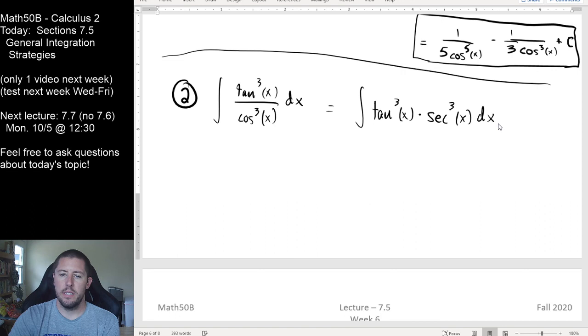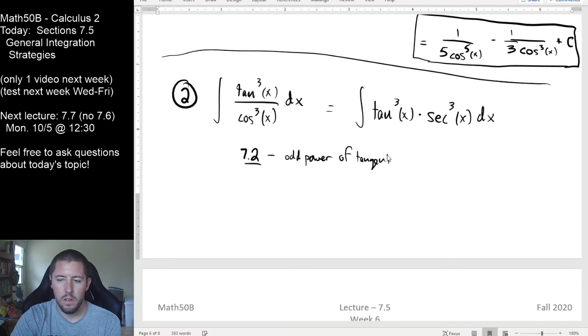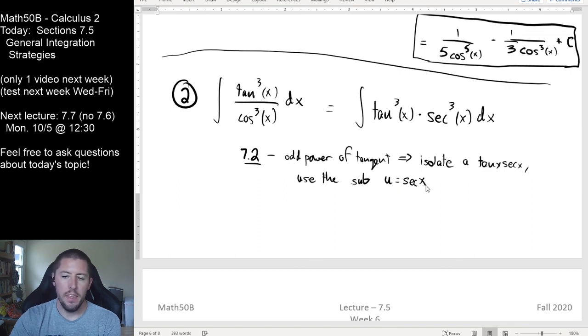In the case that we see, our book told us in 7.2, if we have an odd power of tangent, then we want to isolate a tan x secant x term and use the sub u equals secant of x. This is just the recommendation in the box from section 7.2.